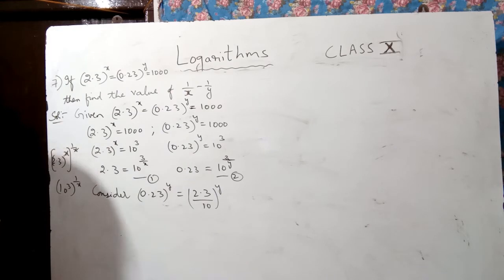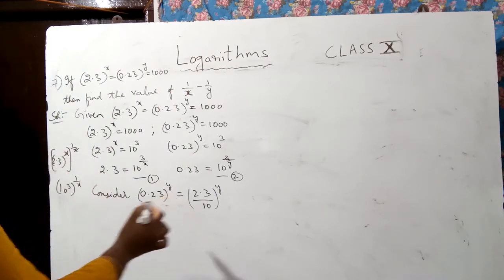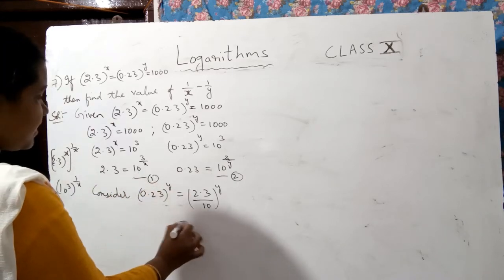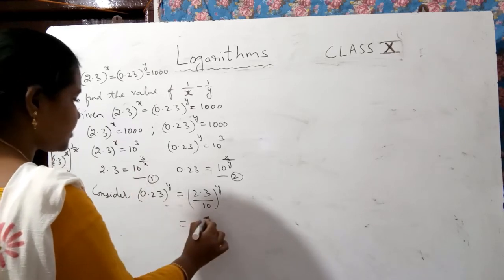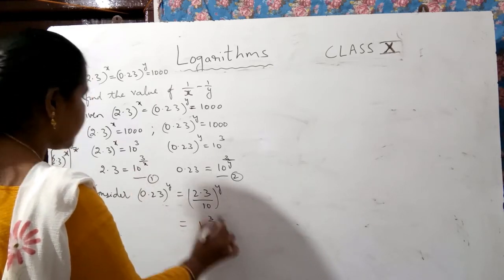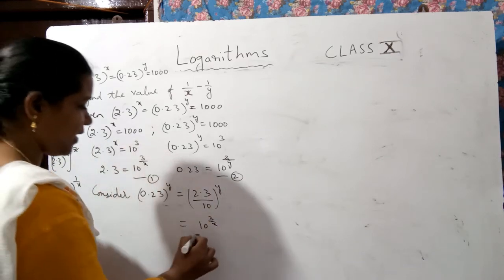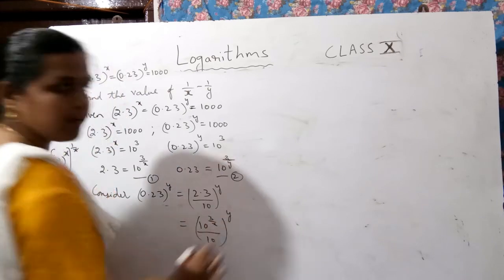Okay, so now here what is 2.3? 2.3 can be written as 10 power 3 by x. From equation 1, in place of 2.3 I can write 10 power 3 by x by 10 whole power y.